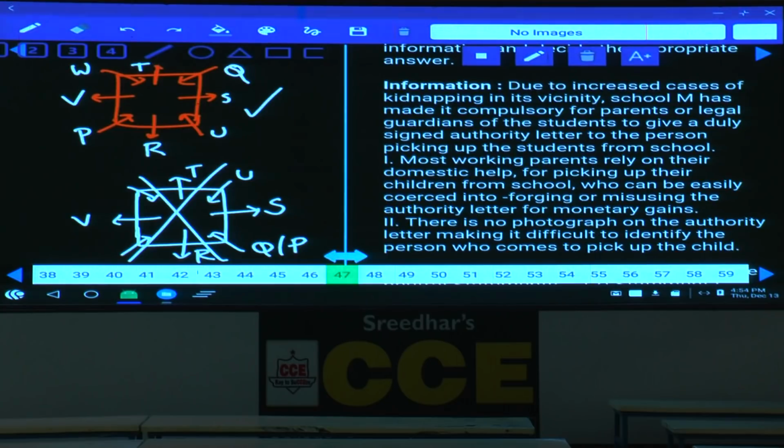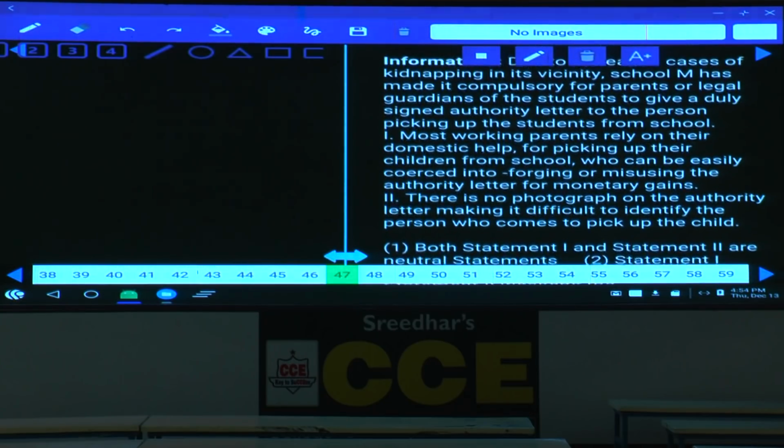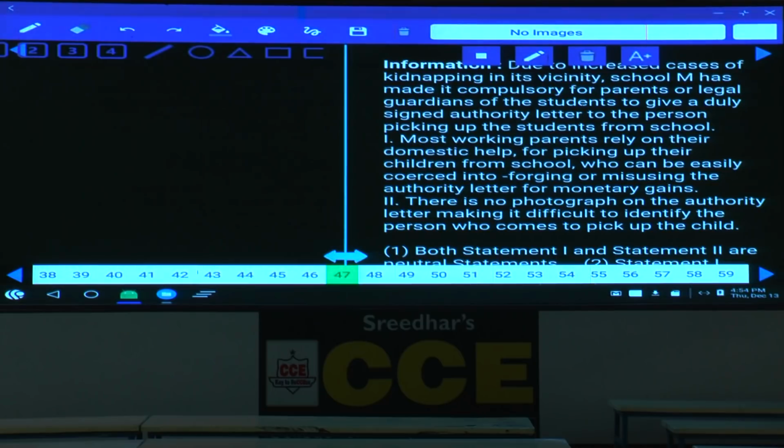Due to increased cases of kidnapping in its vicinity, School M has made it compulsory for parents or legal guardians of the students to give a duly signed authority letter to the person picking up the students from school. Due to the increased cases of kidnapping in its vicinity, meaning in the nearby area, School M has made it compulsory for all the parents or legal guardians of the students to give a duly signed authority letter to the person.